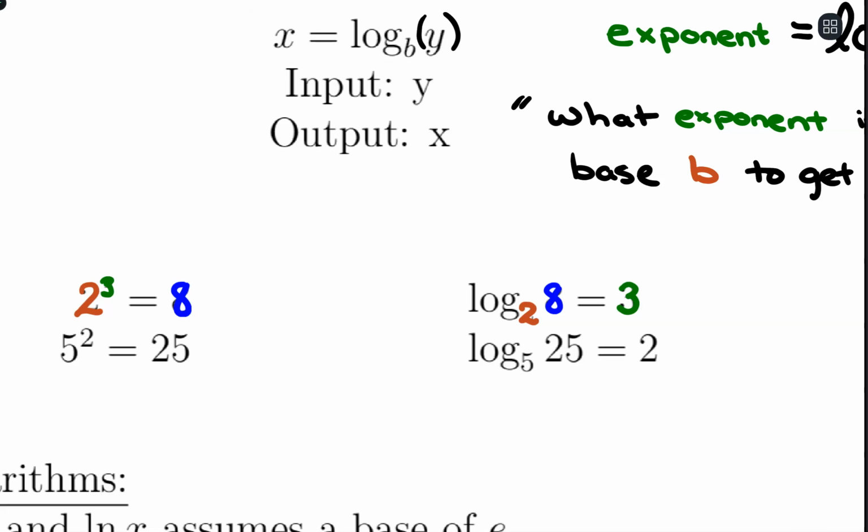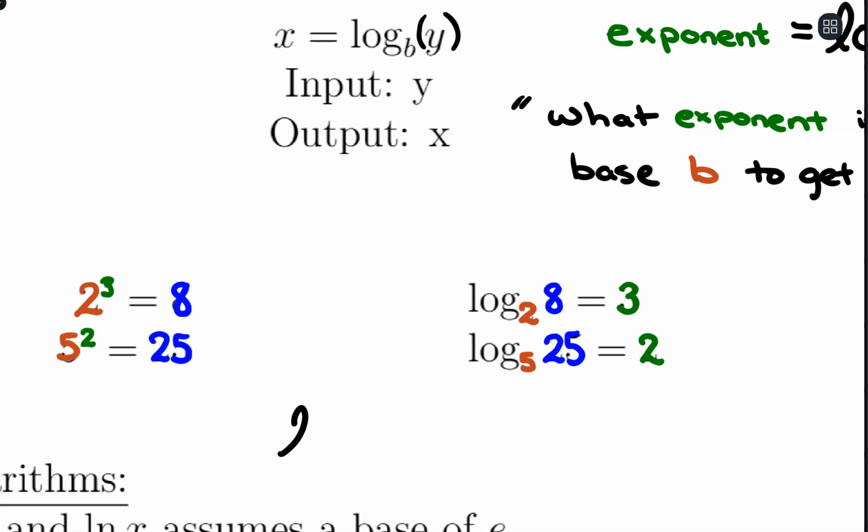Similarly, 5 squared equals 25, so 5 would be the base. 2 would be the exponent since it's 5 squared, and then we're getting a value of 25. Writing that in logarithmic form, we would have a base 5 logarithm of that value of 25 is equal to that exponent of 2.